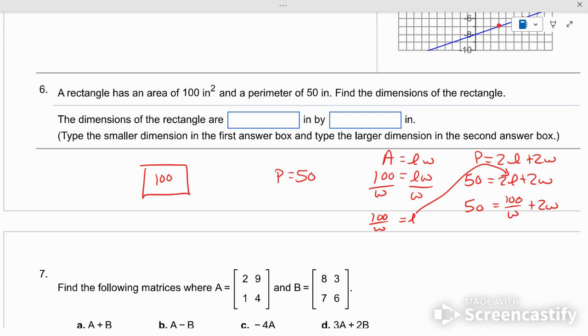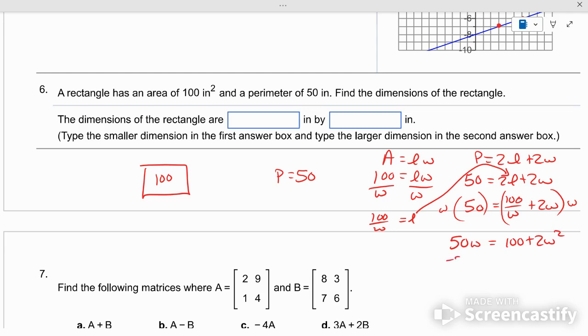How do I solve this if I have a variable in my denominator? I'm going to have to multiply by W to get it out of the denominator, right? So I get 50W equals 100 plus 2W squared.